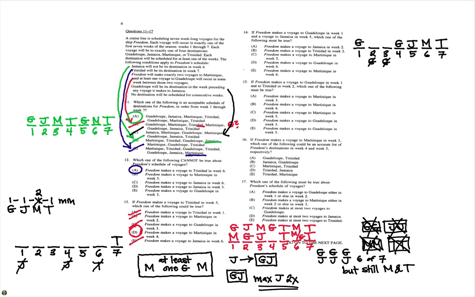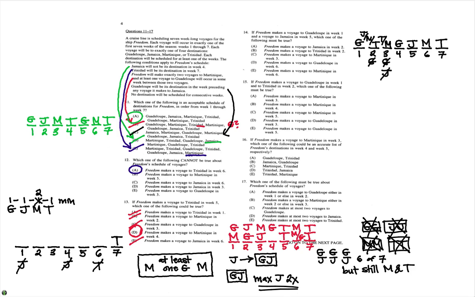So the only possibilities for week 2 are Jamaica, Martinique, or Trinidad. You notice that for week 3, if week 3 was Jamaica, week 2 would have to be Guadalupe. So we know that Jamaica can't come in week 3. So the only possibilities for week 3 would be Trinidad or Martinique.